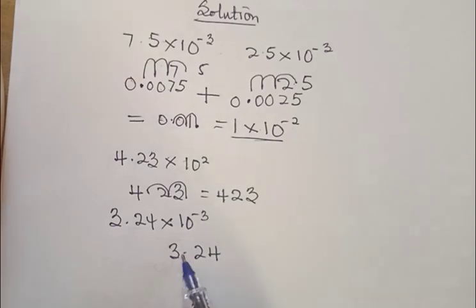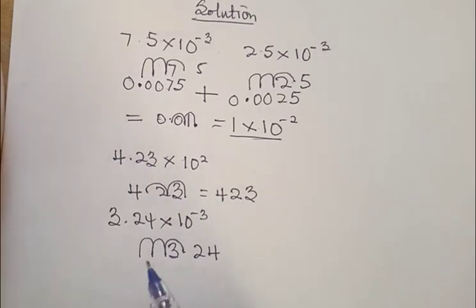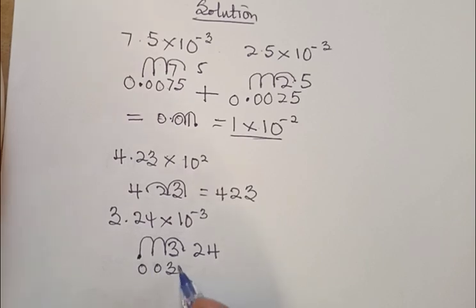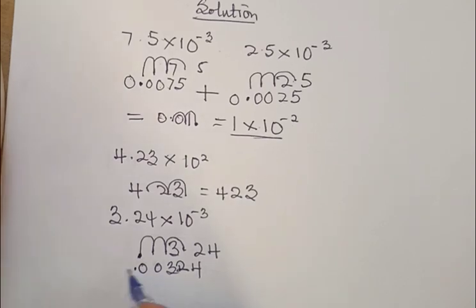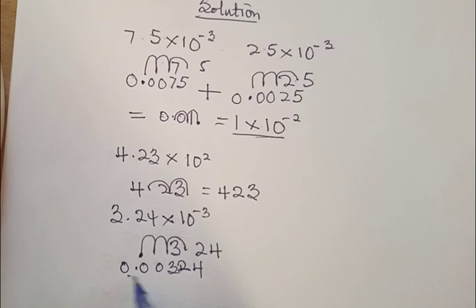Okay, good. So I will move from here. How many times? 3. 1, 2, 3. Have you gotten that? Then my point is here, so I'll start from 0, 0, 3, 2, 4. Then I will bring my point here. Have you gotten that? So it means this is what I have.